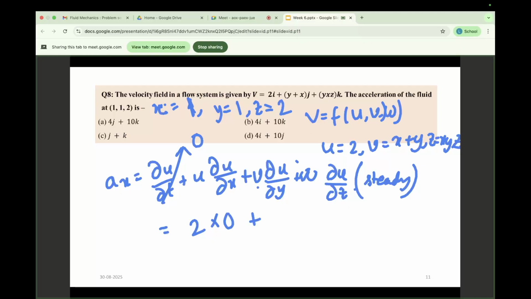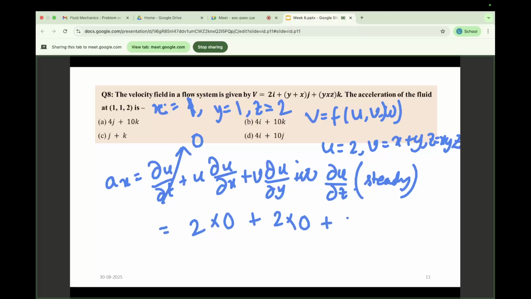So if I take the derivative of this term, v, no need to differentiate x plus y, this is 1 plus 1, 2 into du dy. So this u corresponds to 2, and du dy is also 0.